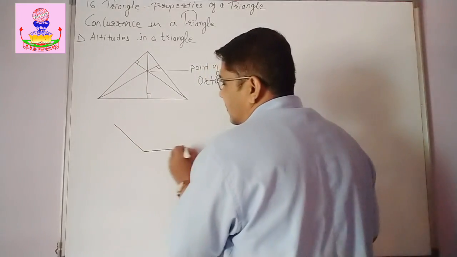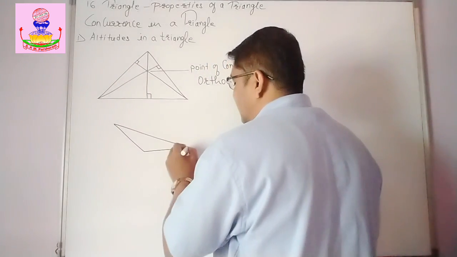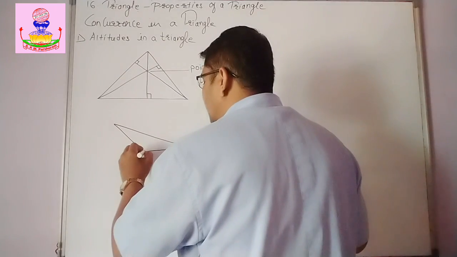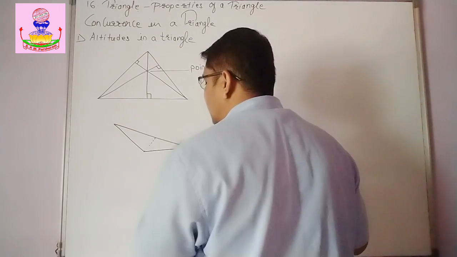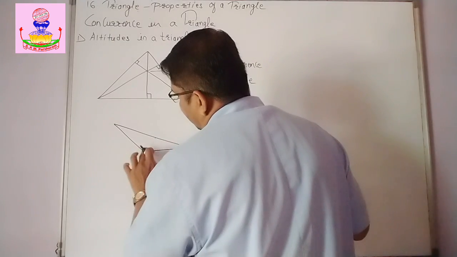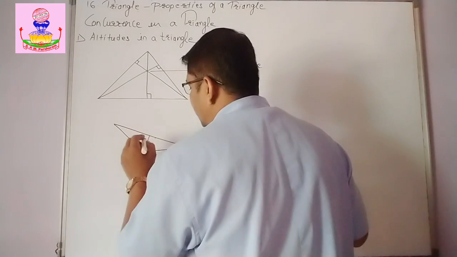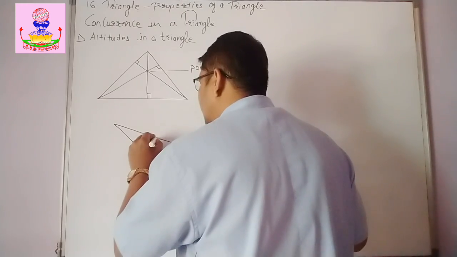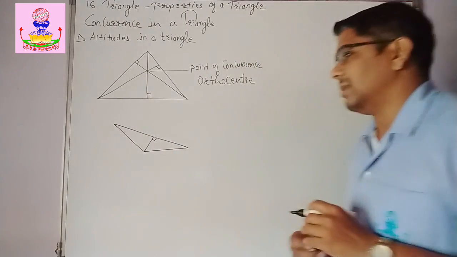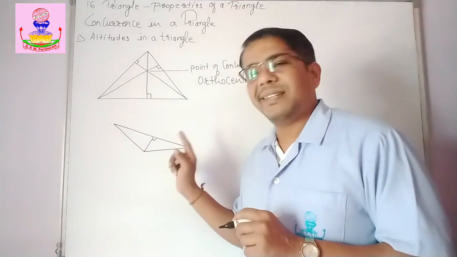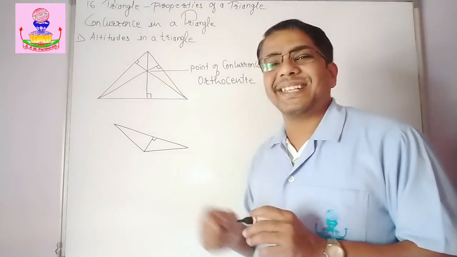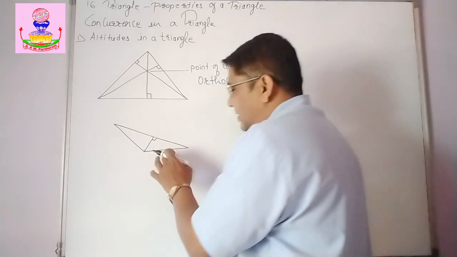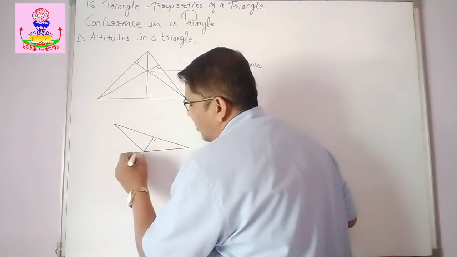And now I can draw. So first here. So this is the right angle here. So this is the first altitude on this side. Now the altitude on this side.